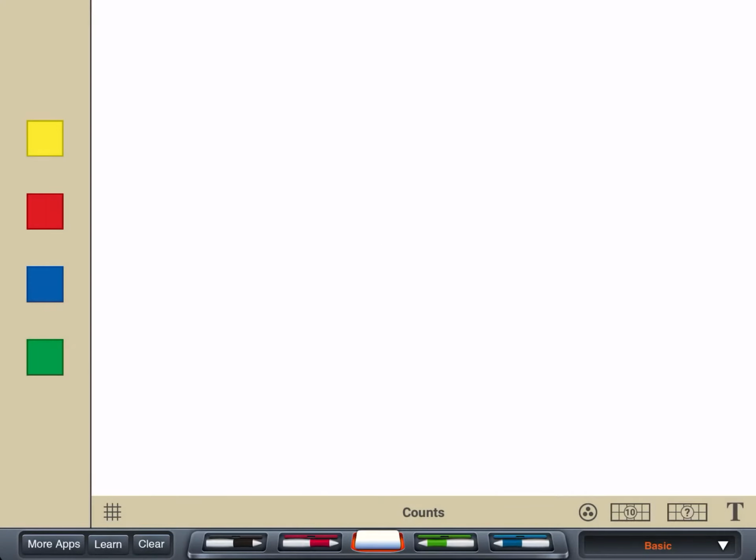All right, guys. We're going to do one more. How about this? Is this a perfect square? Yes or no? Let's count and find out.